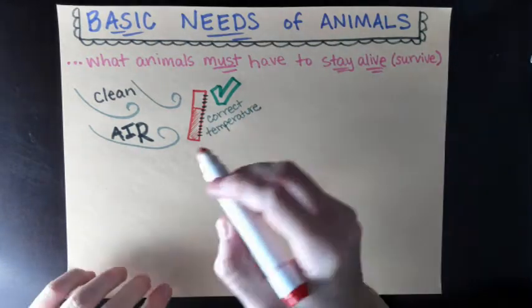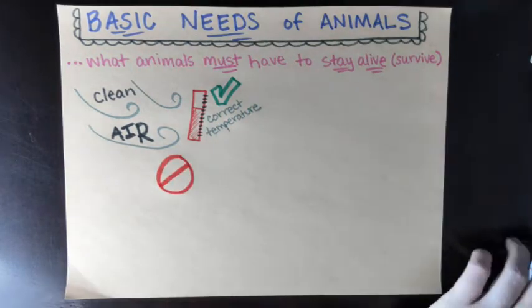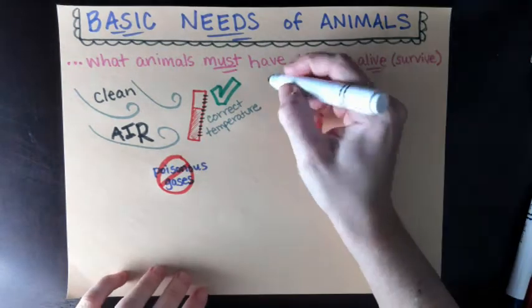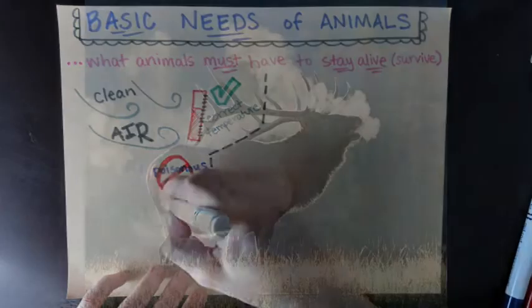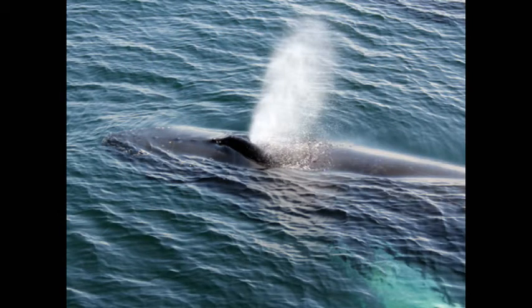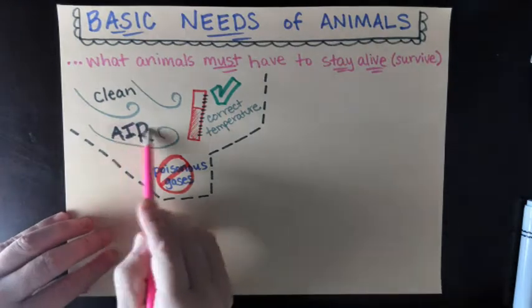So one of the basic needs for animals is clean air, and that is the same as the basic needs of a plant. Now, this air needs to be clean and fresh, not full of any sort of pollution or any sort of poisonous gases.